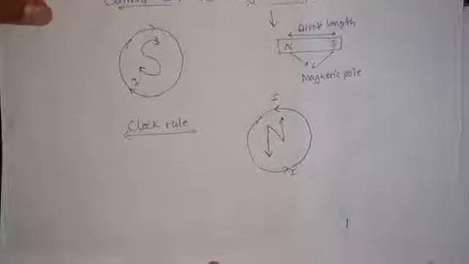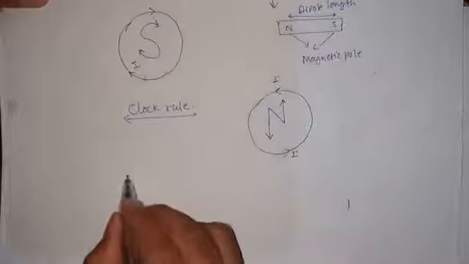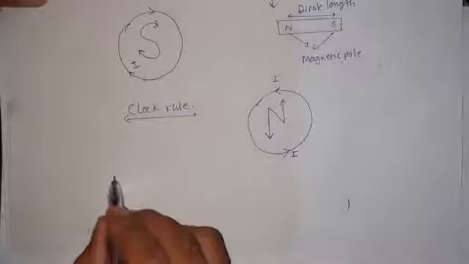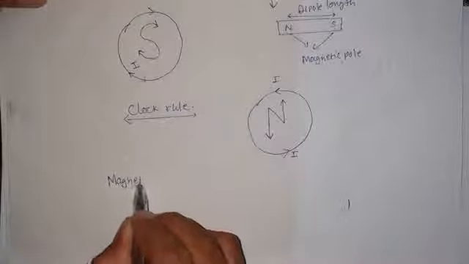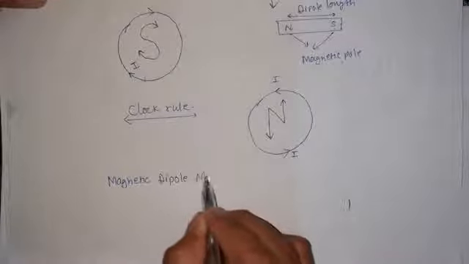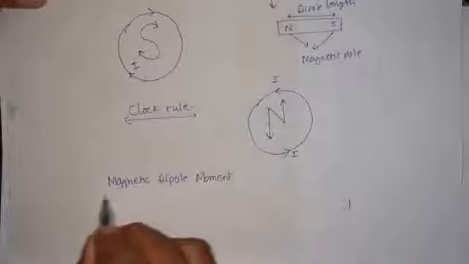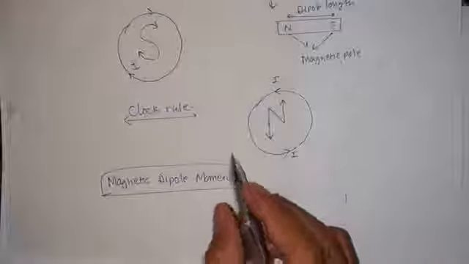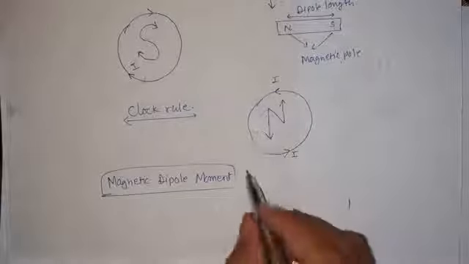Now over here, how do we find out the strength of this magnetic dipole? The strength of a magnetic dipole is given with the help of the magnetic dipole moment.